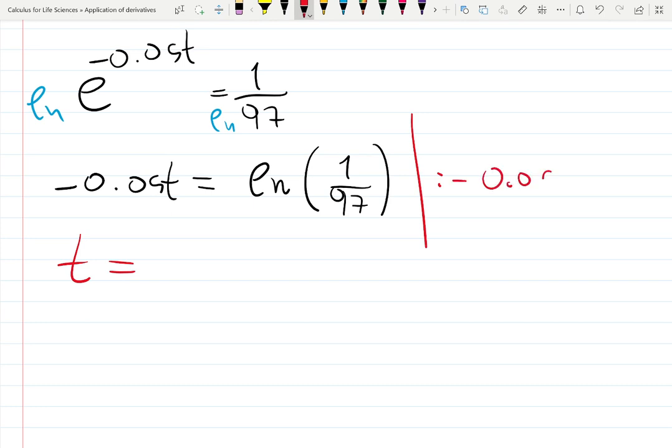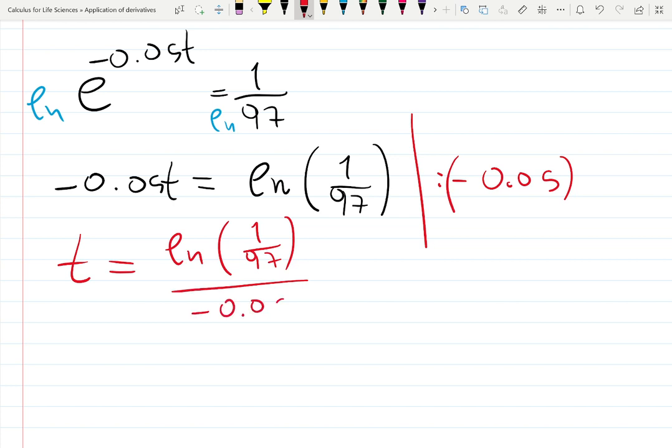Any rate or any number still sticking to the t, divide by that number. And the answer will be ln of that over minus 0.05. You will be surprised, it's a negative number. Not really. The logarithmic function can be negative if the input is small. For small inputs, the logarithmic function is actually below the x-axis. So the numerator is negative, the denominator is also negative, so the final answer is actually positive.